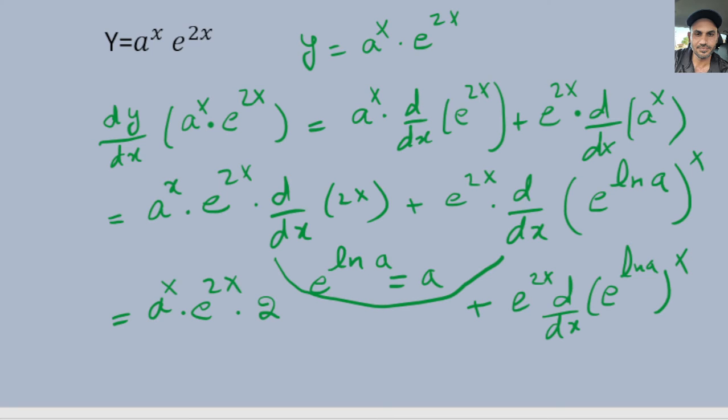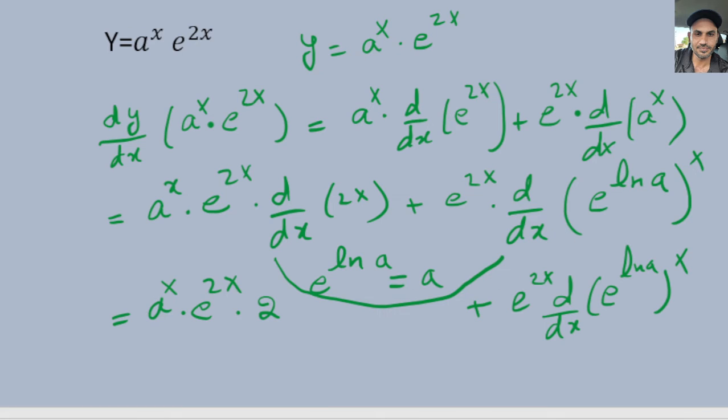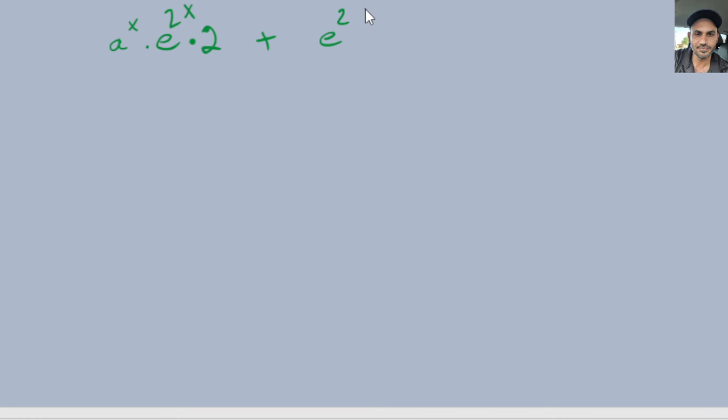Okay, so let's write it down here: a to the x times e to the 2x times 2 plus e to the 2x times d over dx of e to the ln of a to the x.